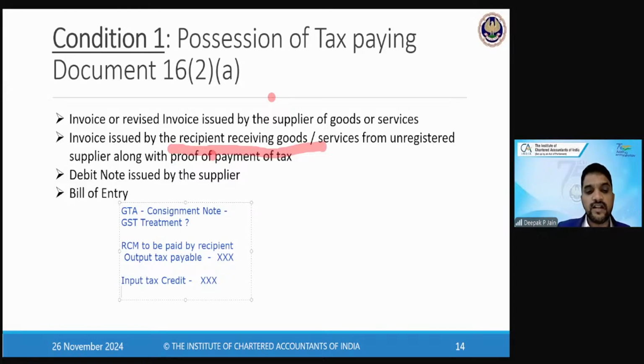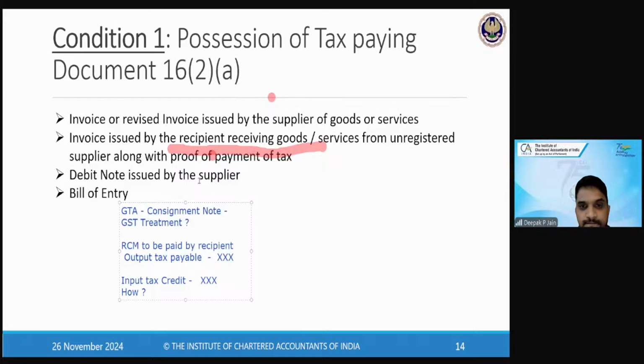Now, how will he claim this input tax credit? That is the question. Because condition one is saying either an invoice or revised invoice should be issued by the supplier. But in this case, the supplier is not registered. So how will you claim the credit? Yes, Nayan Patil, we have to pay GST on RCM basis. Why not?